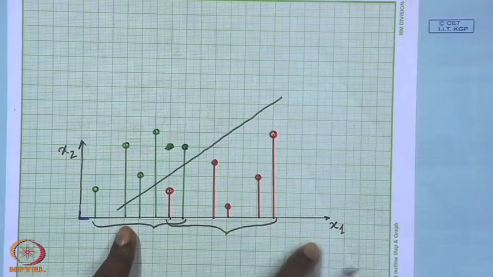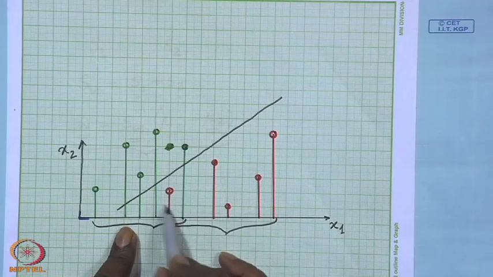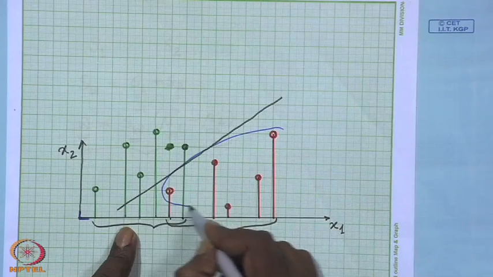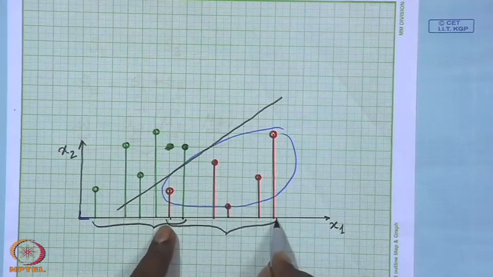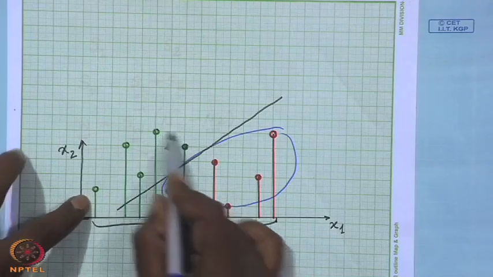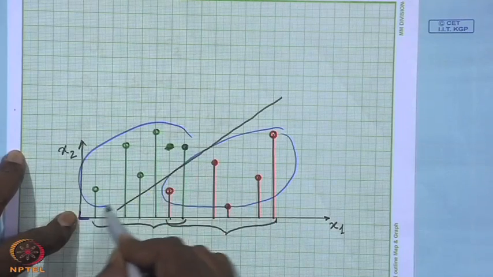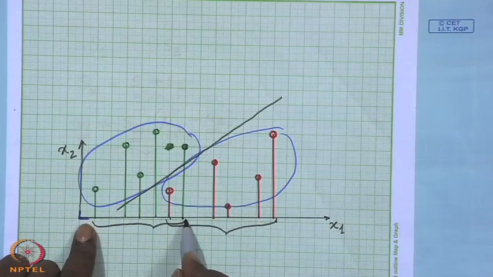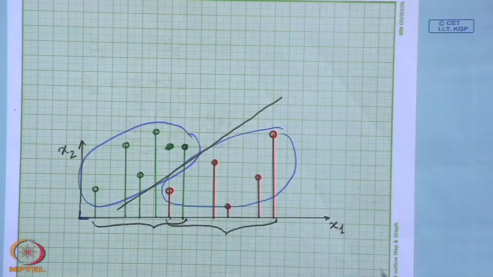So, as we said, it may not be possible to maintain the separability between the classes. And exactly that is what has happened. You find that all these feature vectors belonging to class omega 2, they are projected within this space, and all these feature vectors belonging to class omega 1, they are projected within this region, and these two regions now get merged.